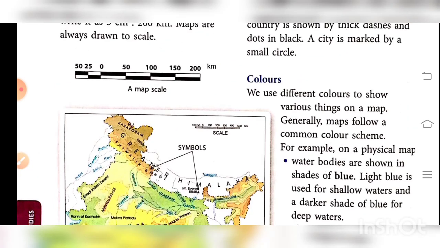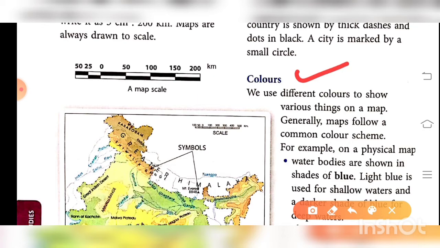So let's now see the next feature, that is color. Once again, color is also the same as other features. It is also very necessary and important. We have different colors to show various things on a map. Generally, maps follow a common color scheme.